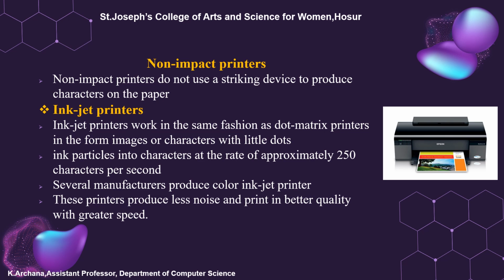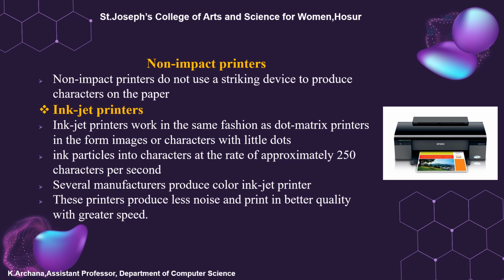Next one is the non-impact printers. Non-impact printers do not use a striking device to produce characters on the paper. Next, inkjet printers. Inkjet printers work in the same fashion as dot matrix printers in forming images or characters with little dots.